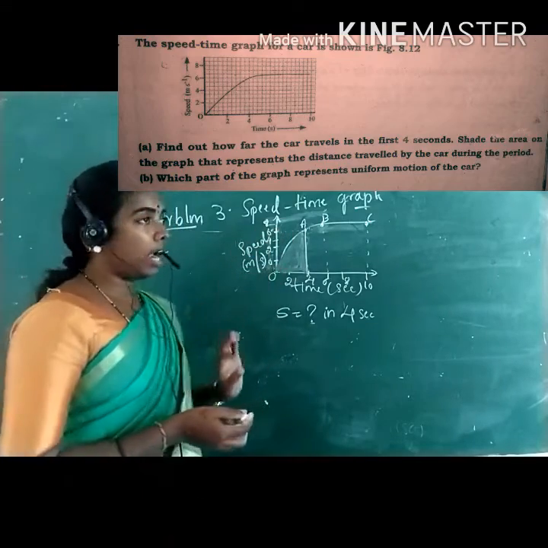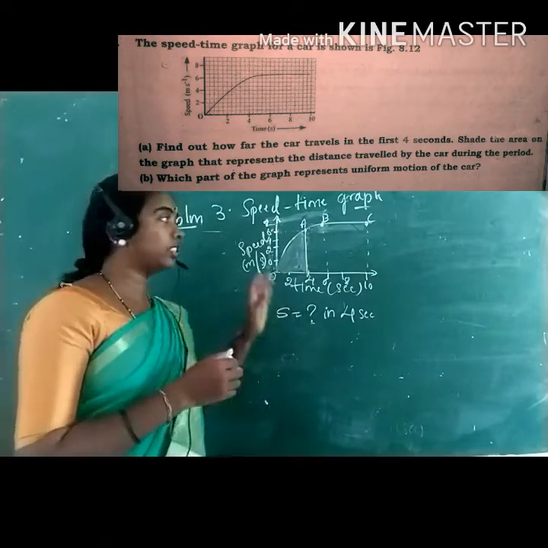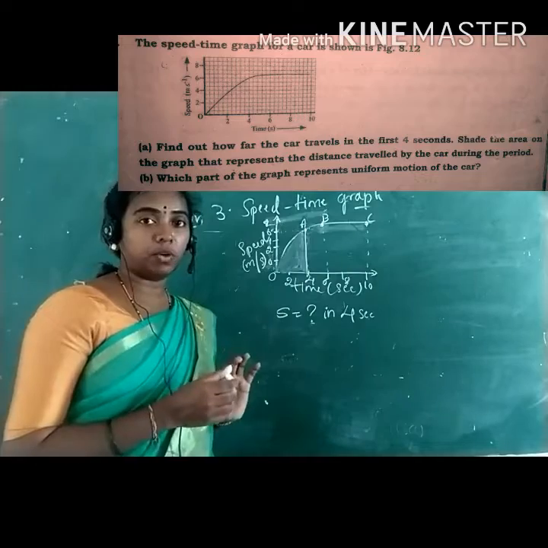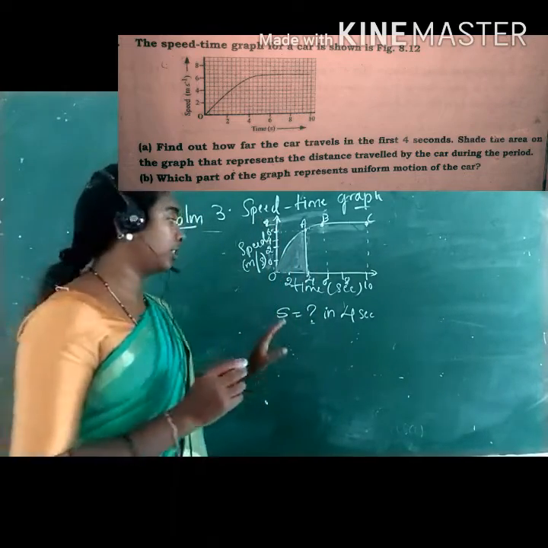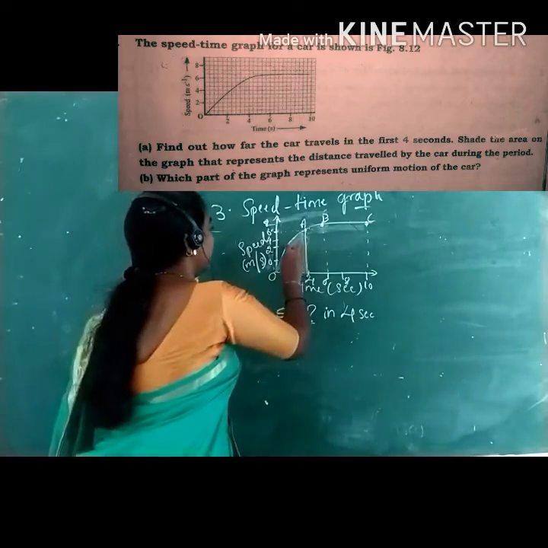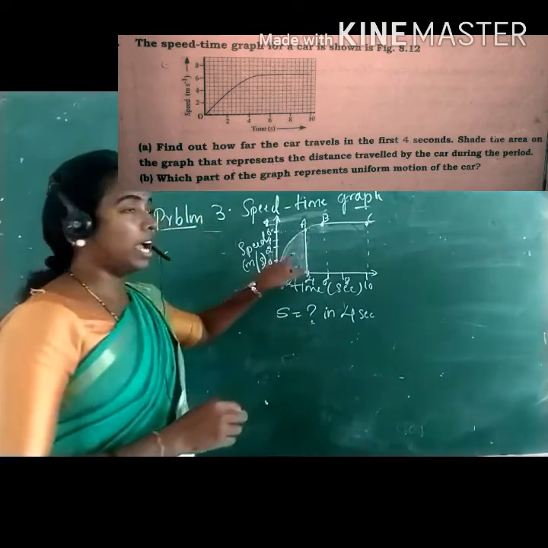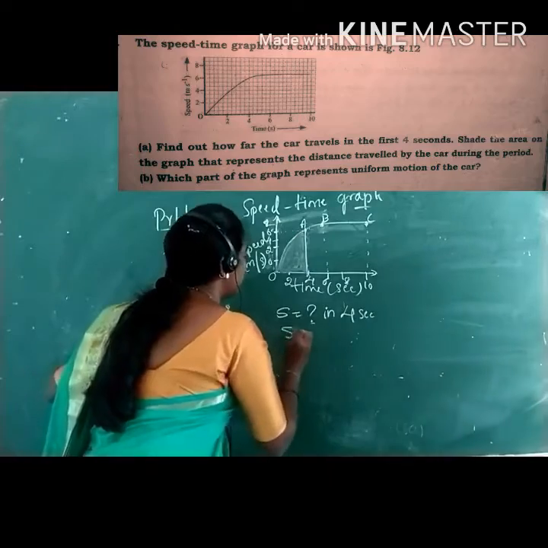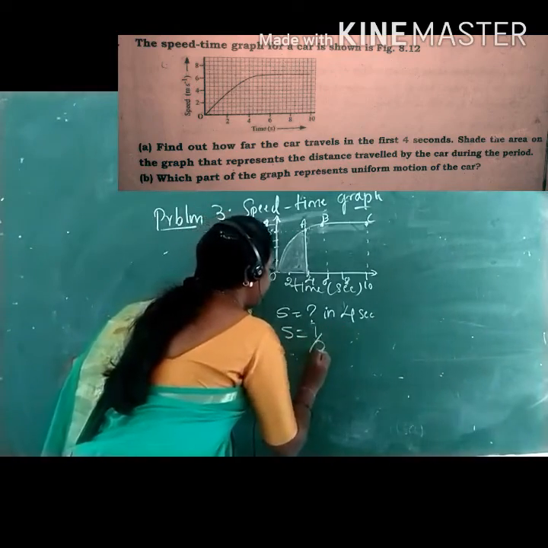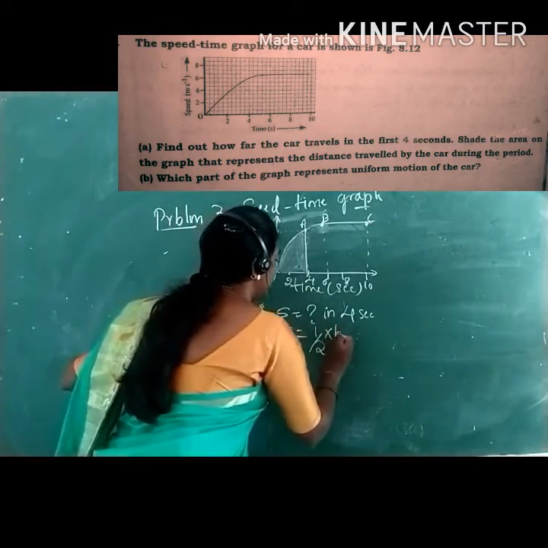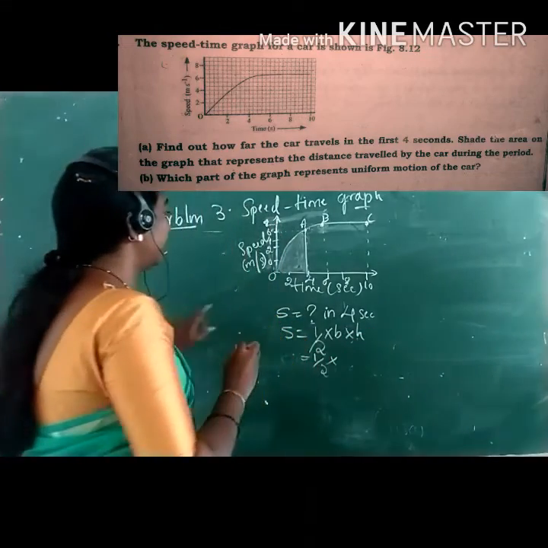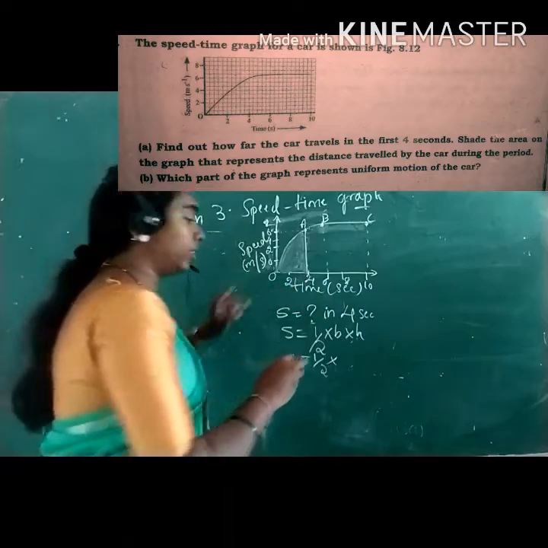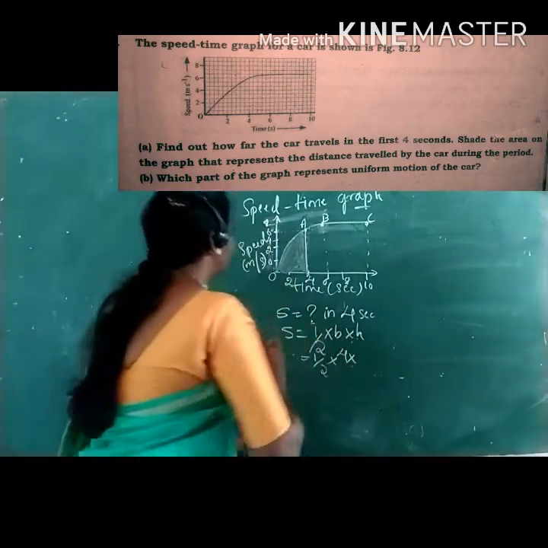We learned that the area covered under the speed time graph gives you the distance. So here what is the area covered? It is a triangle. So displacement in 4 seconds is given by the triangle area, half into B into H. Half into B, which is 4 minus 0, it is 4. What is H?